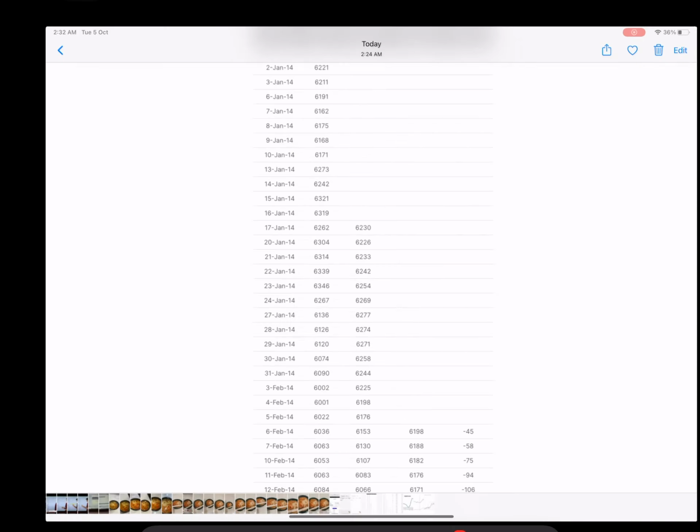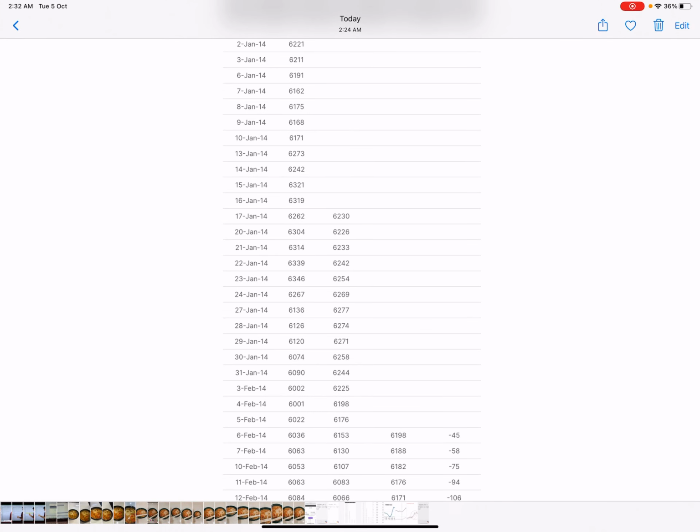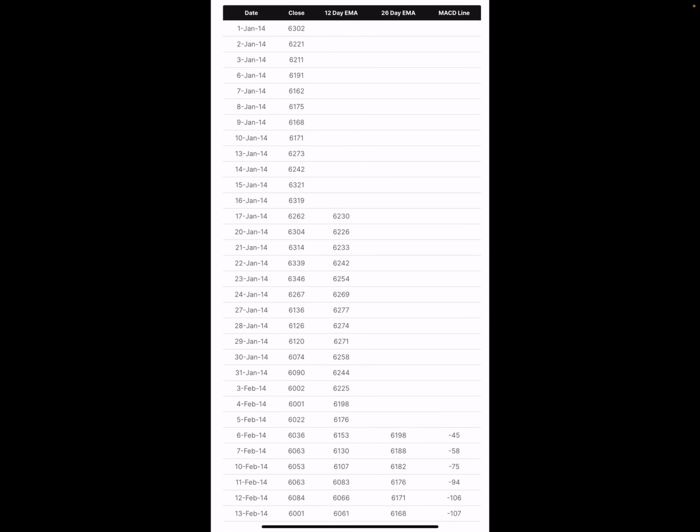So this is the chart that you can see. Let us go through the table starting from the left. We have the dates starting from 1st January 2014. Next to the date we have the closing price of Nifty.